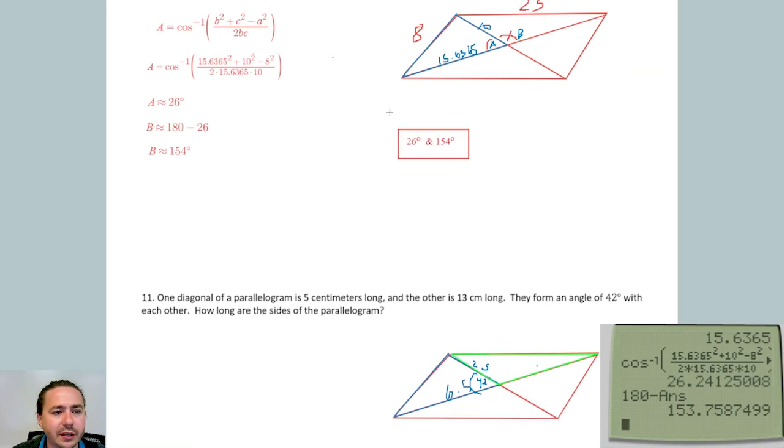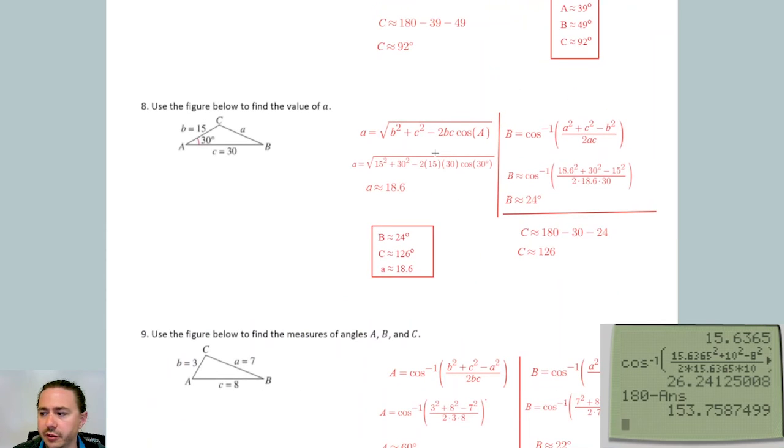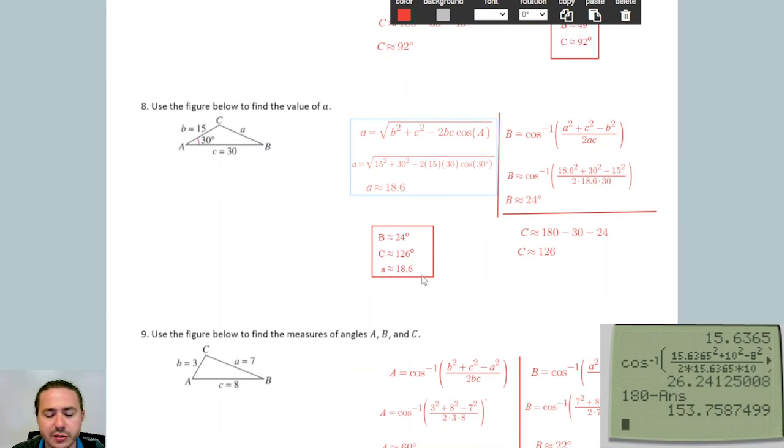So it's just a simple side angle side scenario. When you get side angle side, you're going to work it similar to this. We only need the side length, so we're not going to have to solve the full triangle. We really just need this first part.